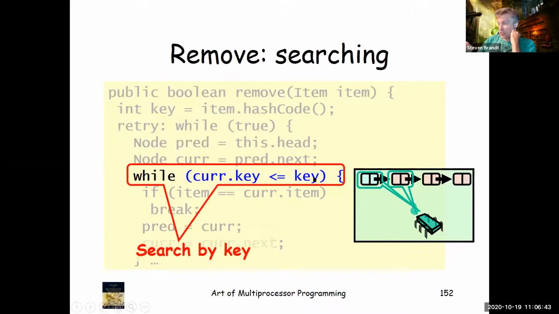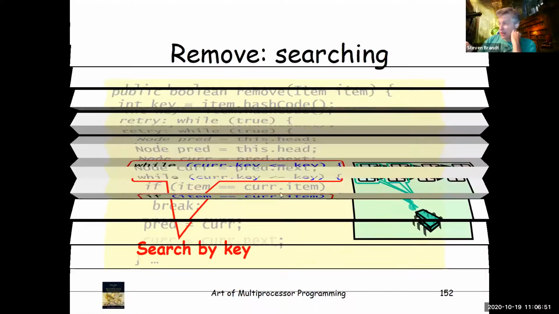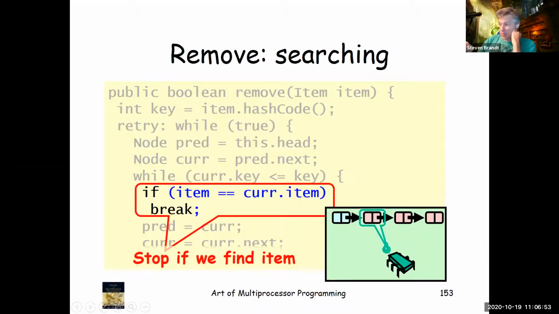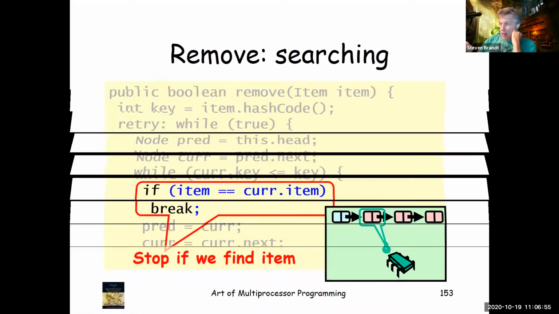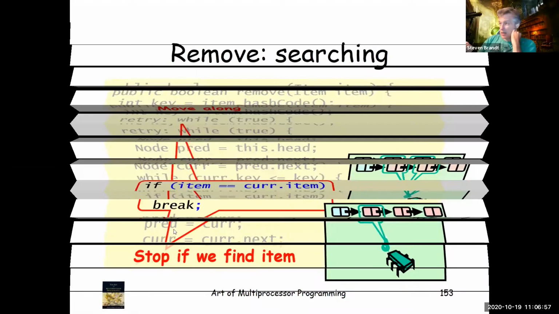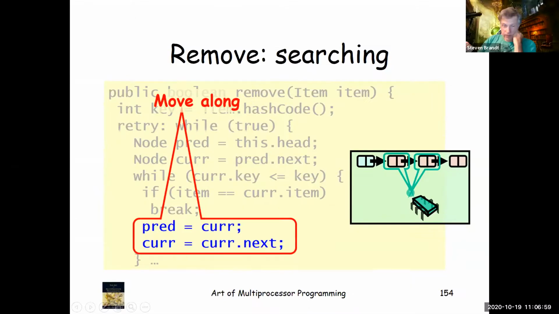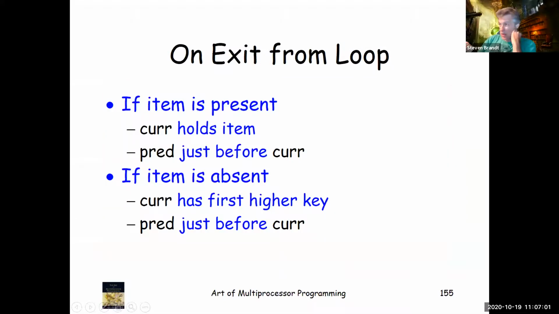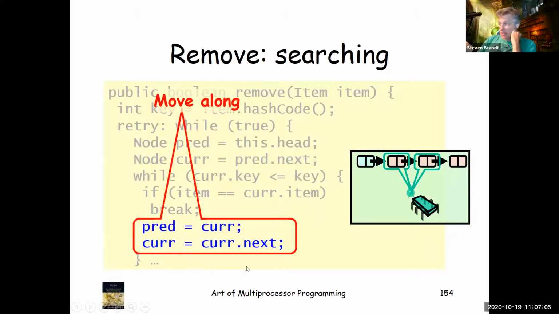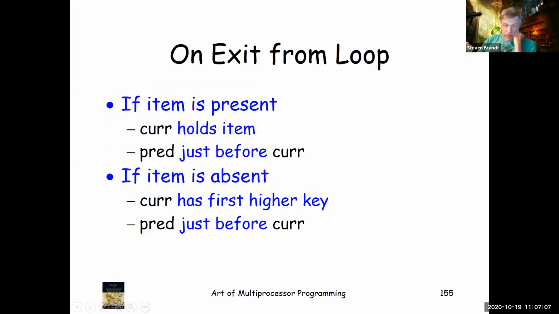We're going to loop through the nodes while the current key is less than or equal to the key. If we find the item that we're looking for, we're going to break. Otherwise, we're going to move along. So this is going to find things, and then next we would validate and so on.